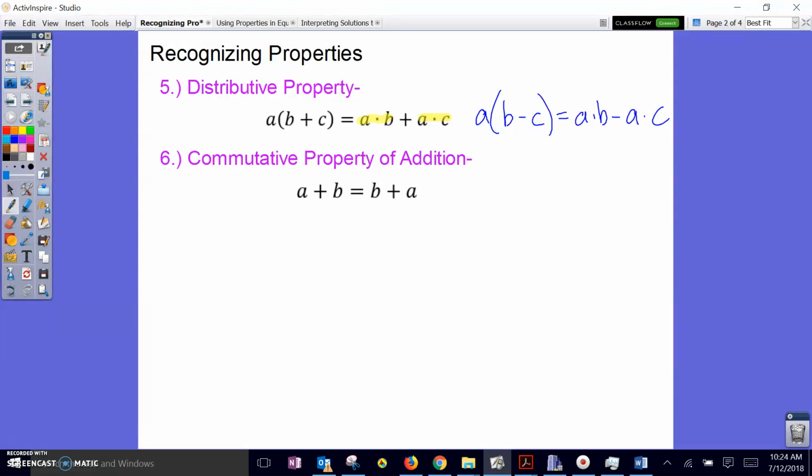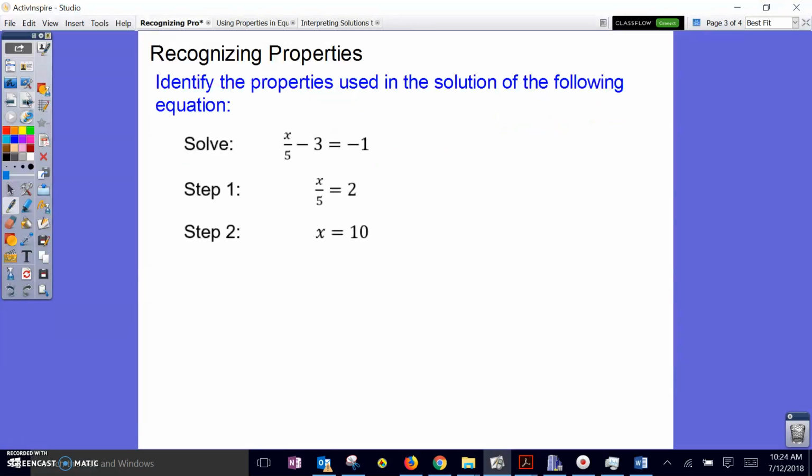All right, let's look at how we're going to identify these, and we're going to look at some solved equations and the properties that we use in solving them. So in this first example, we're solving the equation x divided by 5 minus 3 equals -1. And we want to figure out what property we used in order to go from the original equation to step 1.